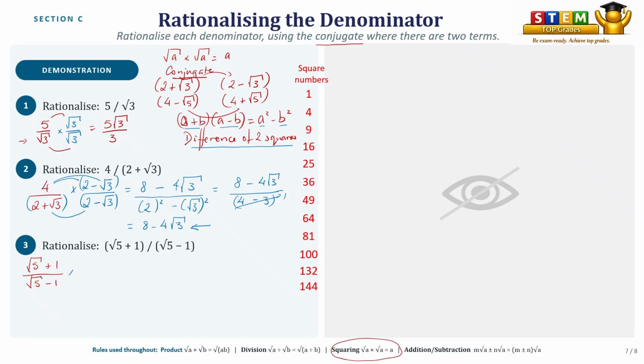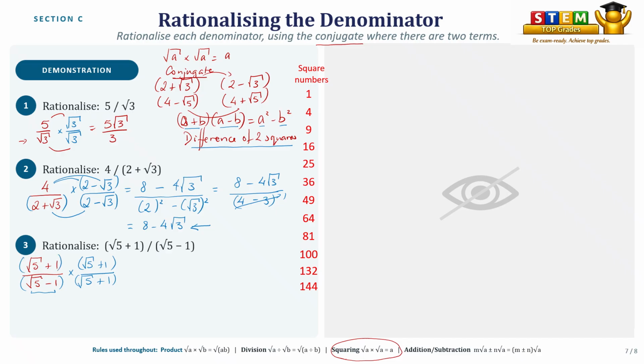So let's work this out. What's the conjugate of that? It is root 5 plus 1. Okay, so this is the conjugate. And therefore, we copy the denominator, and as for the numerator, root 5 plus 1.